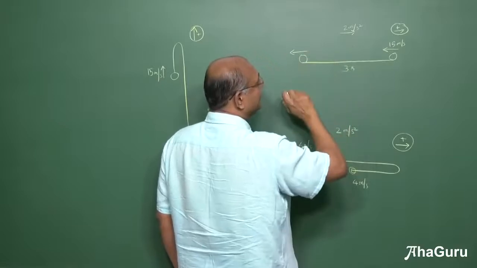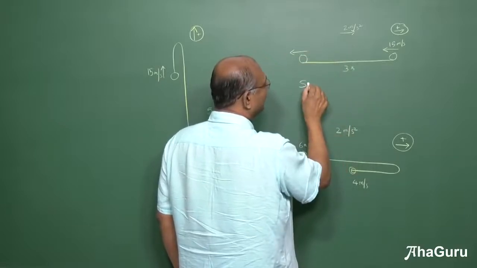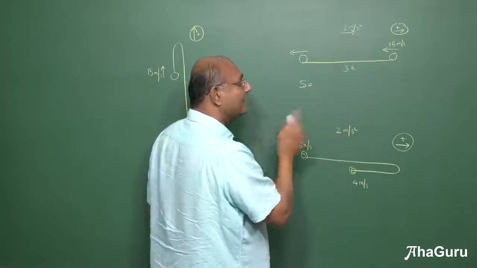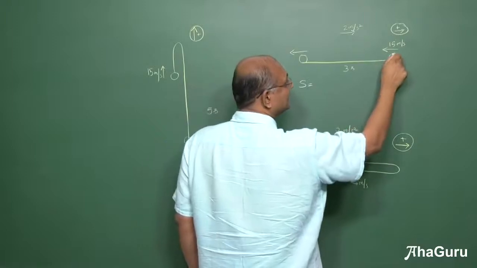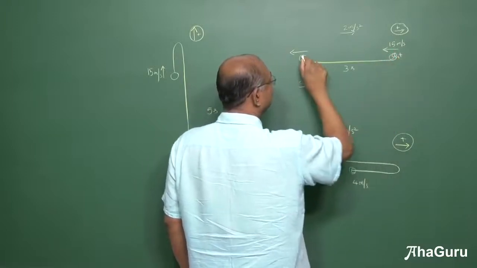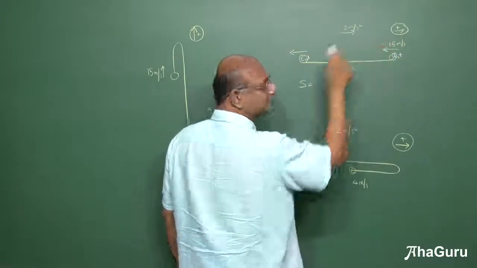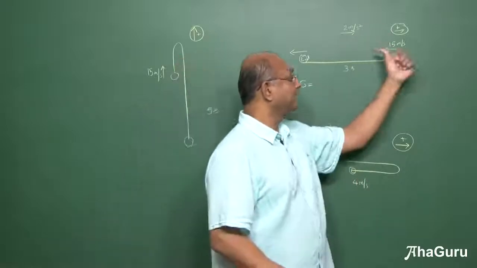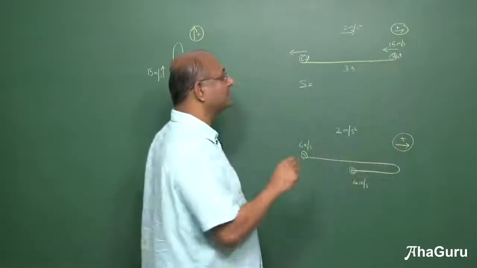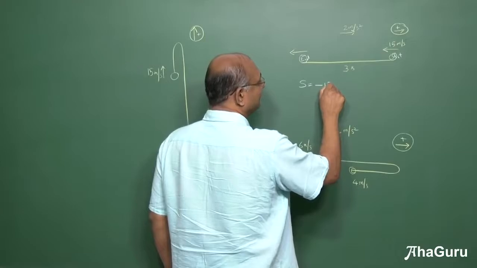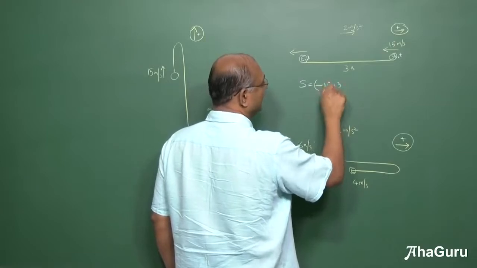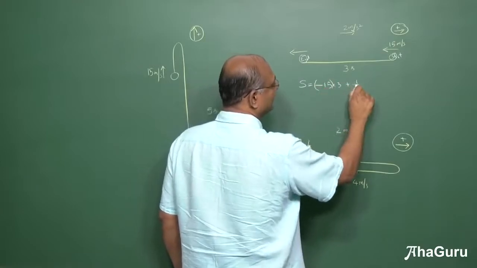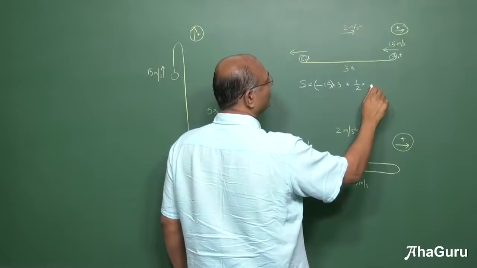So first thing that I need to do is use the formula to find displacement. This is the starting, this is the ending. So that means this must be u. What is the sign of u? That is the plus direction. What is the sign of u? Minus 15. So minus 15 into 3.